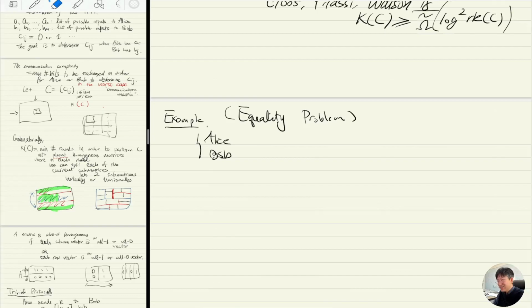Alice is on Earth, Bob is on Mars, and they want to check whether their computer code is identical. Each has a 0-1 string of length n, and the question is, are they identical?